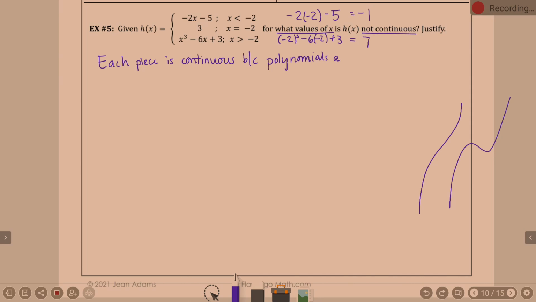So that right there is good. But then we started running into problems, yes? If we go through each of these things, what is the value of the point? h of negative 2 is equal to 3.